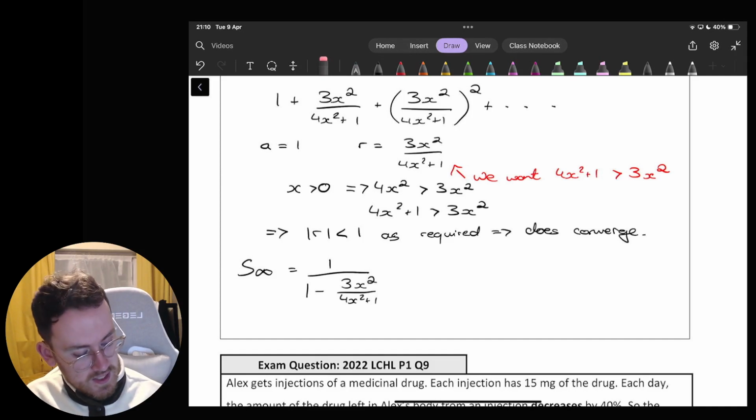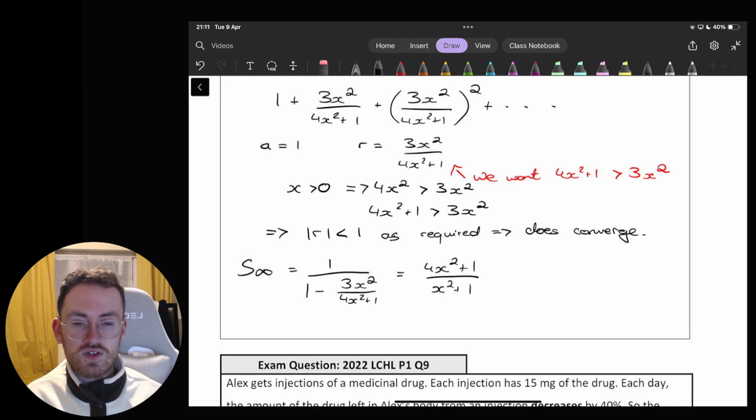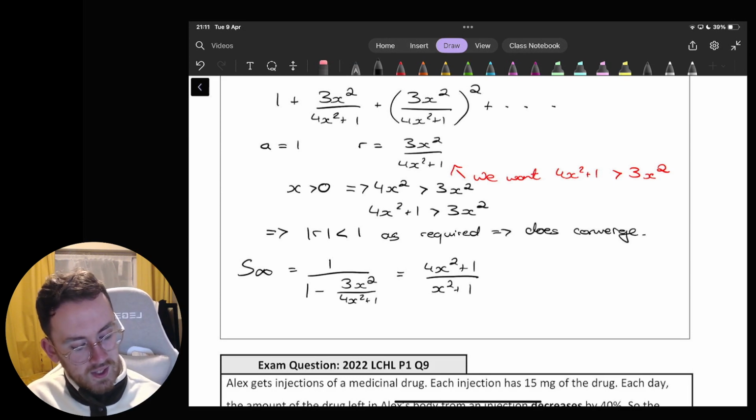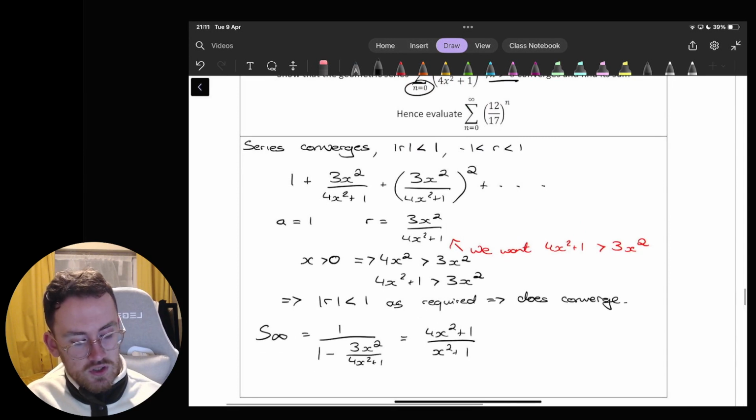If we tidy that up, I get 4x squared plus 1 over x squared plus 1 on the bottom. Just doing some quick tidying there.